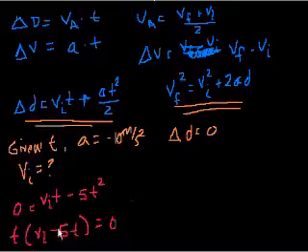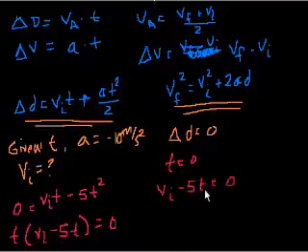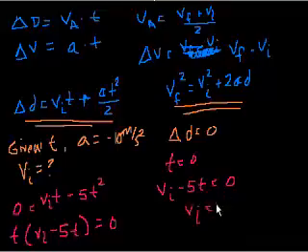So I have this expression, and I know that there are 2 times where this equation is true: either t equals 0, or this term equals 0, VI minus 5t is equal to 0. Or, since I'm solving for velocity, VI is equal to 5t.